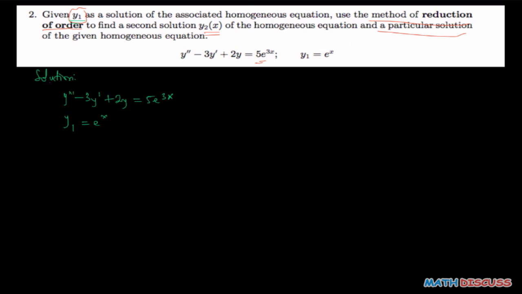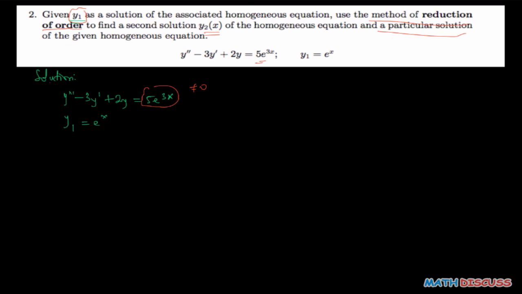Now we want to use the method of reduction of order to find a second solution that satisfies the same homogeneous differential equation that y1 satisfies, and then from that same solution we should find a particular solution of the non-homogeneous equation. What you'd observe is that what we have on the right hand side here is not 0.